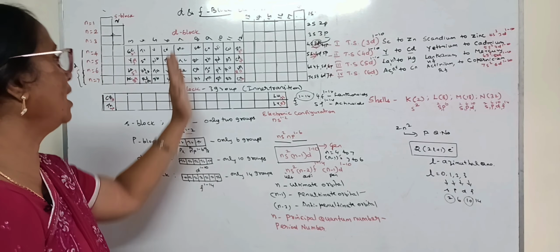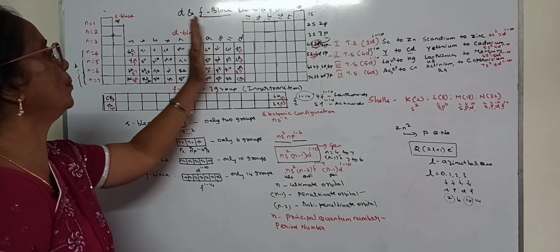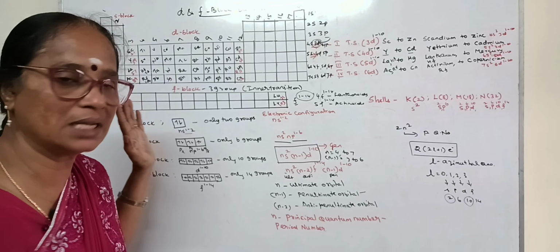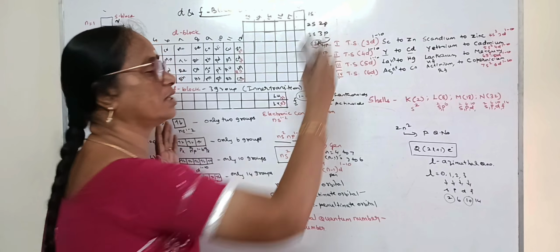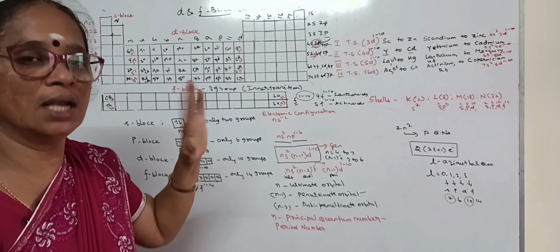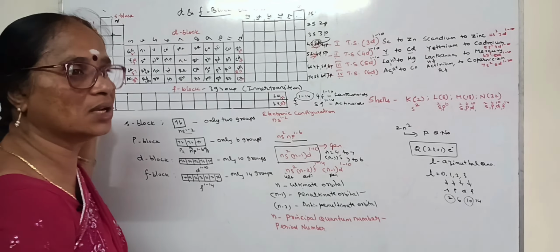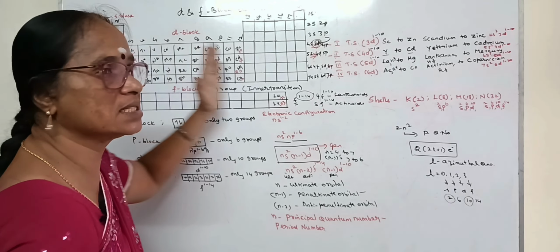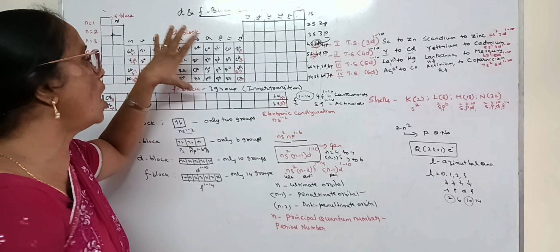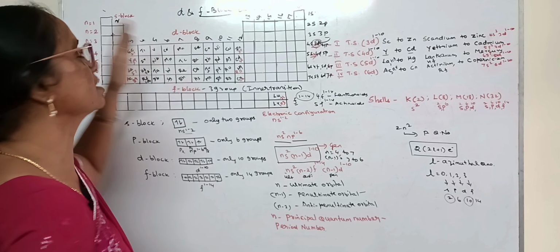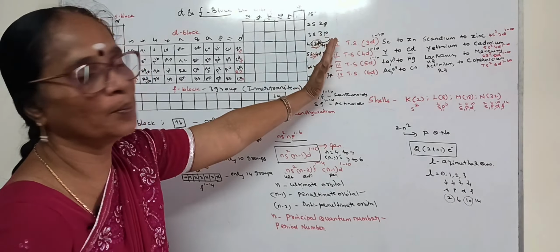We know that at the left extreme of the periodic table there are metals and at the right extreme there are non-metals. So not only the metallic and non-metallic property varies, even all the periodic properties vary from the S block to the P block.